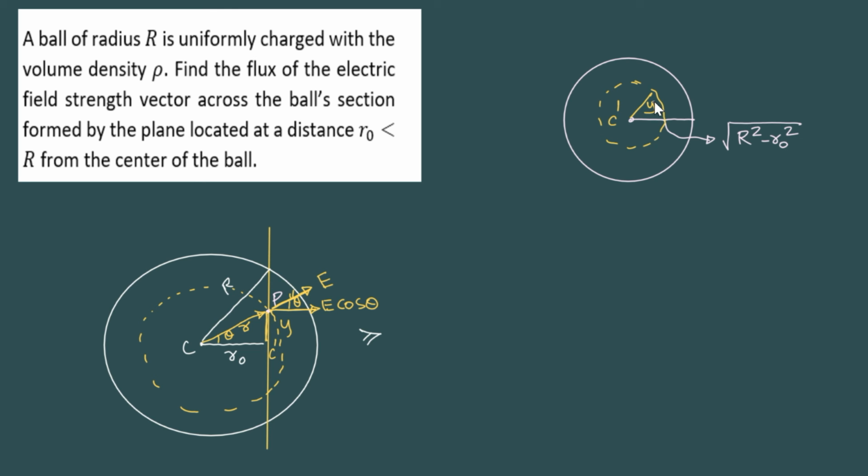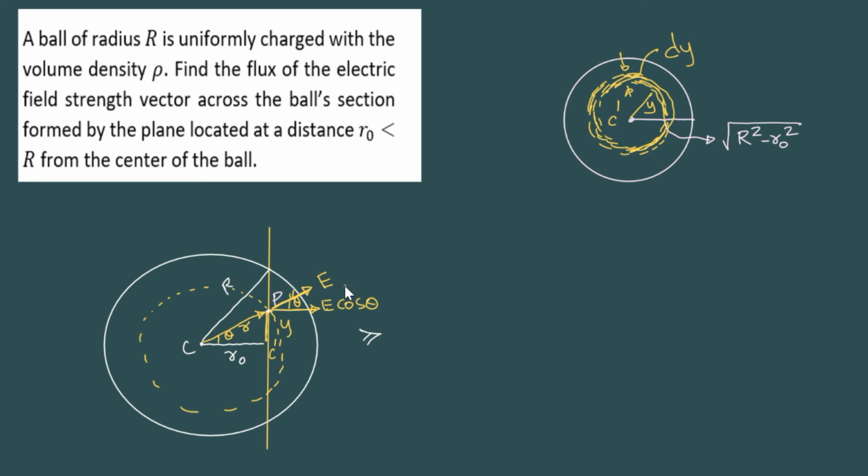We can pretend that this electric field is going to stay the same for a small width of dy. So for thickness dy, the electric field does not change much. By the symmetry of the situation, at all points on that circle, the electric field should be constant.